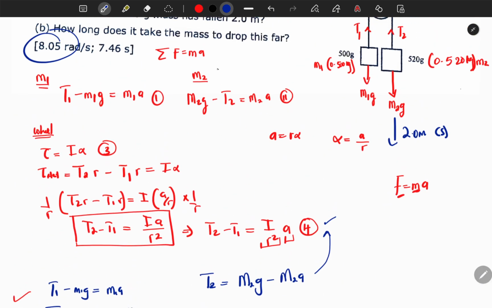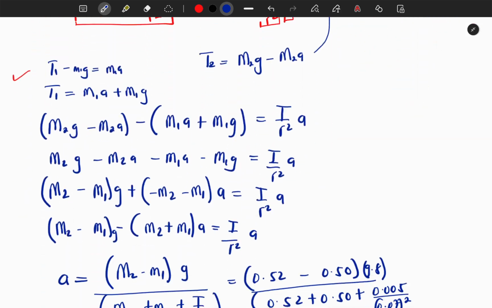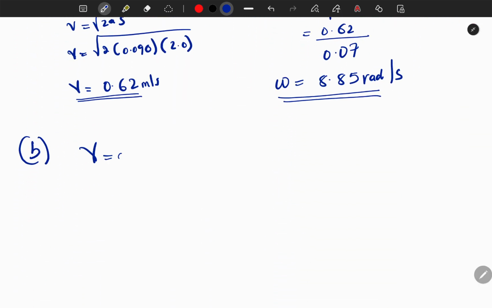Part b is asking how long it takes the mass to drop. Because of that, even the time here will be different. Are we together, right? Finding the time shouldn't be that difficult. You know this equation of motion, right? This is 0, so this goes to at.